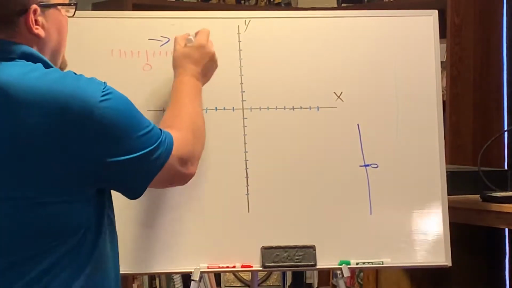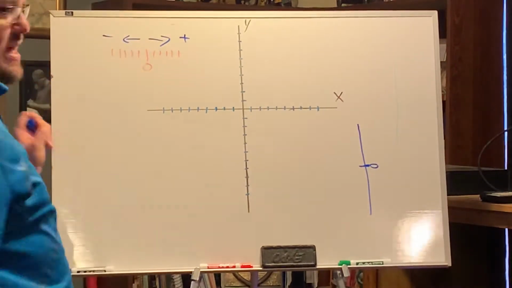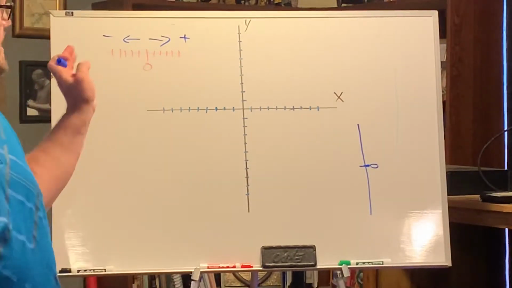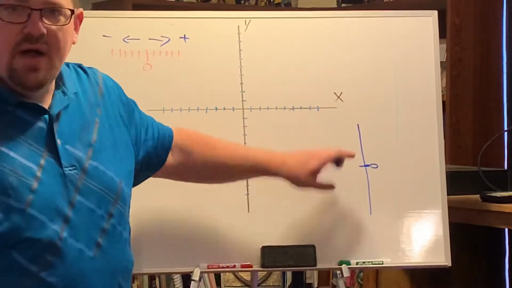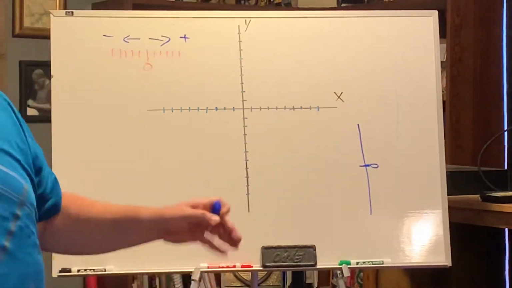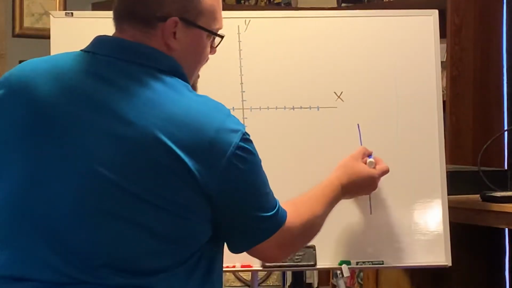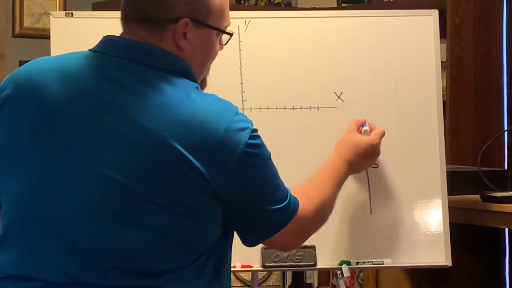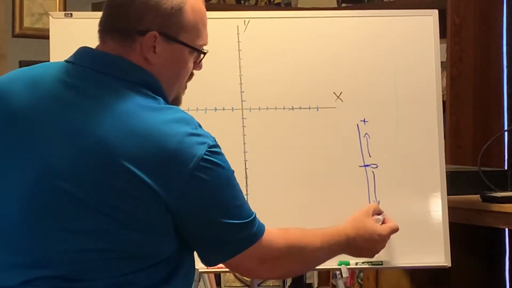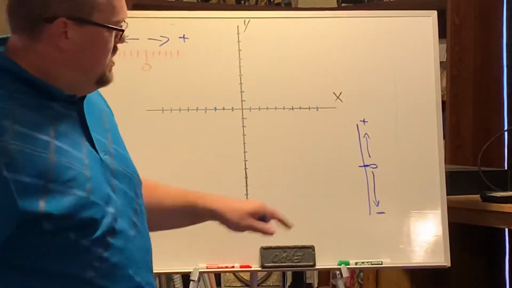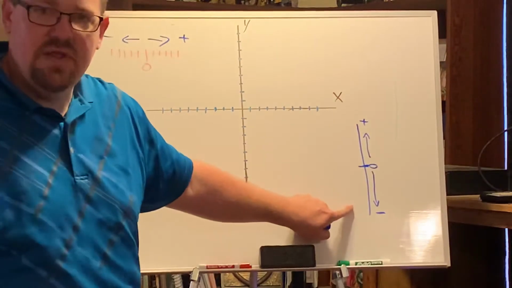It's the realm of the positive. To the left is the realm of the negative. Positive numbers live to the right, negative numbers live to the left. The same thing is true on a vertical number line, up and down, like the y-axis, but it's backwards. As you go up, we have positive numbers. As you go down, we have negative numbers. So remember, up is the realm of the positive, down is the realm of the negative.